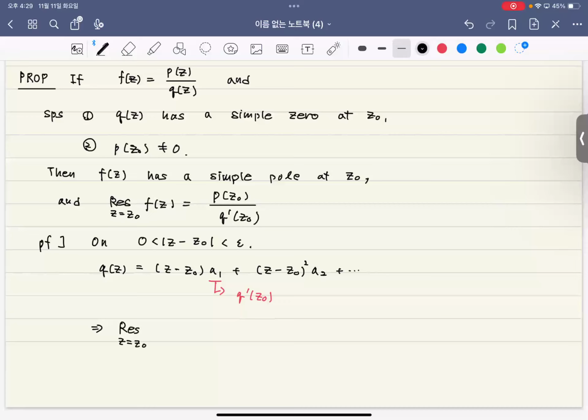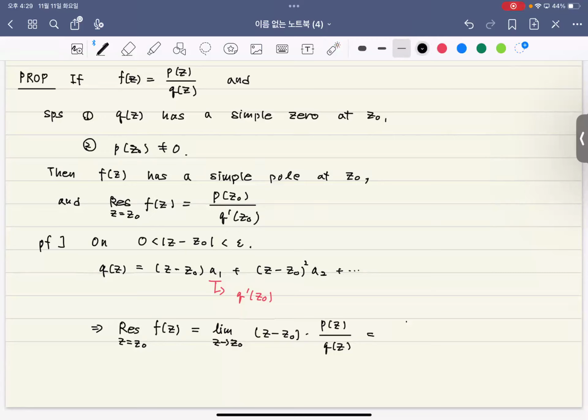So, residue. I'm pretty sure that this has a simple pole at this point. In order to get the residue, I will need to evaluate this limit: z minus z0 times p of z over q of z. This z minus z0 is now canceled with the z minus z0 factor in the denominator.